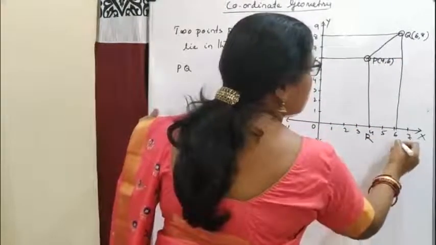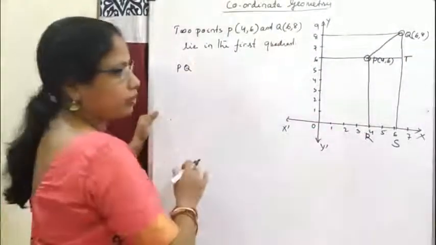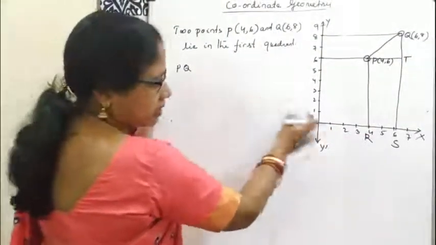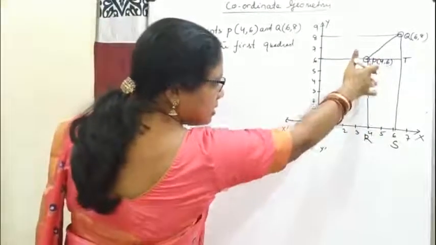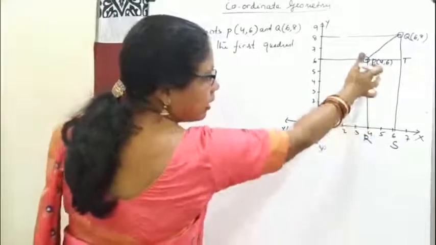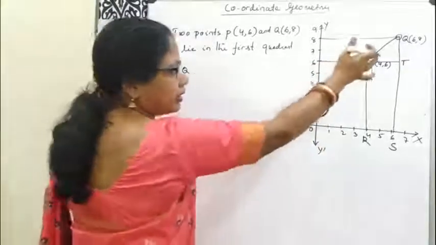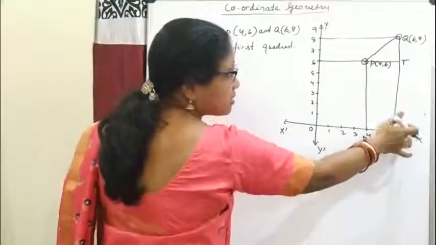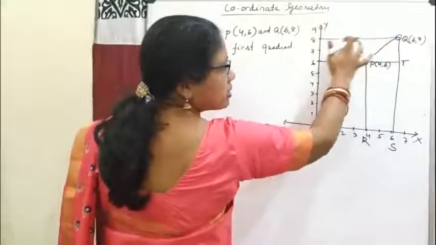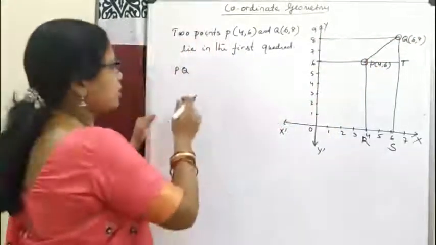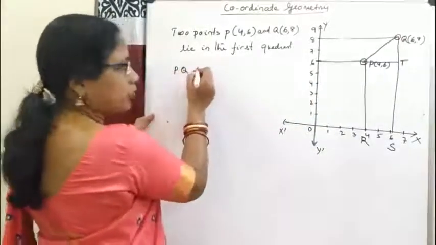This is R, S and T. So we have to find PQ. So the distance of the point P from x-axis is 6 unit, and the distance of P from y-axis is 4 unit, and the distance of Q from x-axis is 8 unit, and the distance of point Q from y-axis is 6 unit.